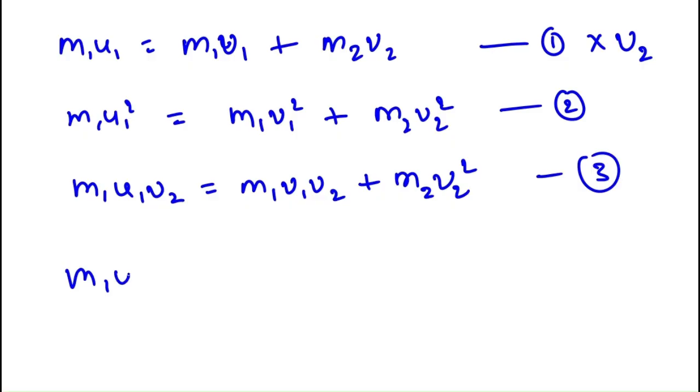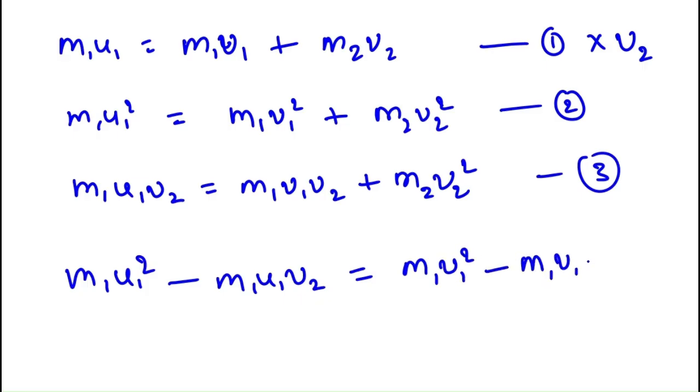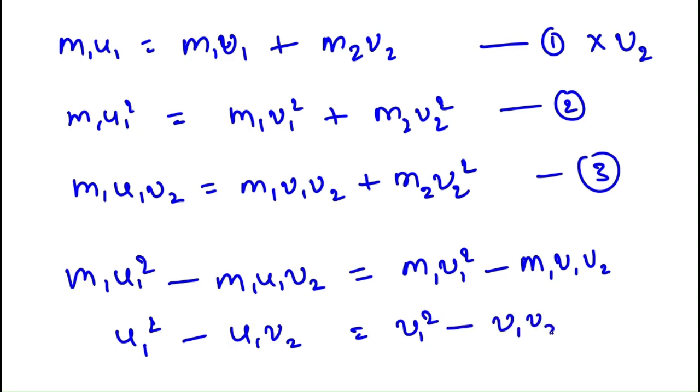So on the left side this will be M1 U1 square minus M1 U1 V2, and on the right hand side we will have M1 V1 square minus M1 V1 V2. We can eliminate M1 because it is common to every term on both sides, so we divide both sides by M1 and we have U1 square minus U1 V2 equals V1 square minus V1 V2.